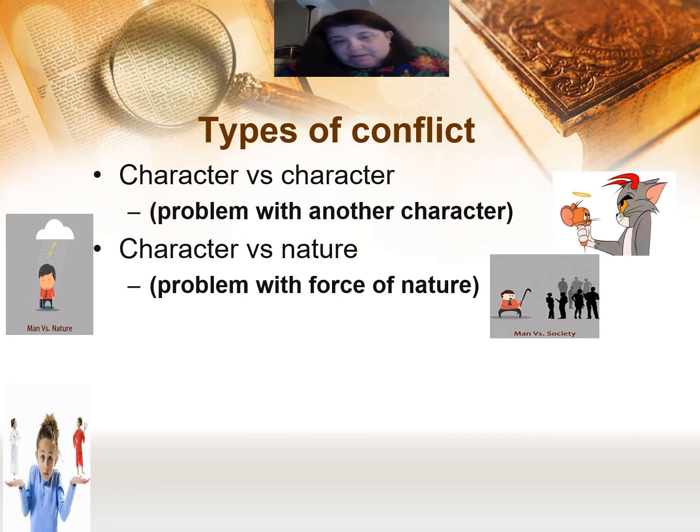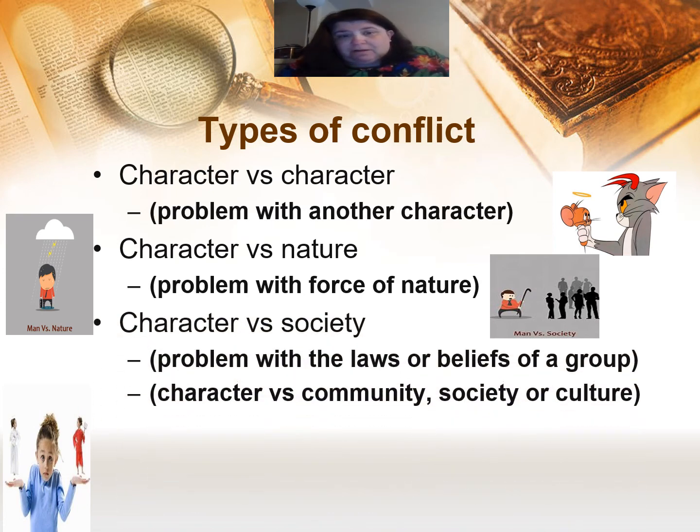That one. Also, character versus society, where the problem is with laws or beliefs, a character versus community, society, or culture. What comes to mind for me with that one is Footloose, where people just didn't want people to dance. That's just wrong, in my opinion.